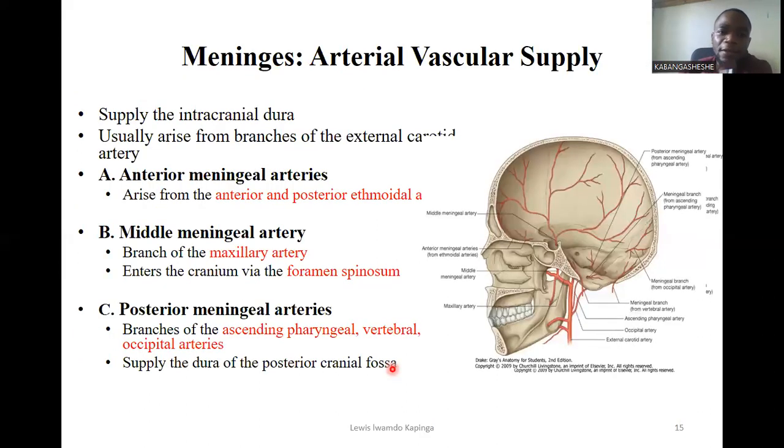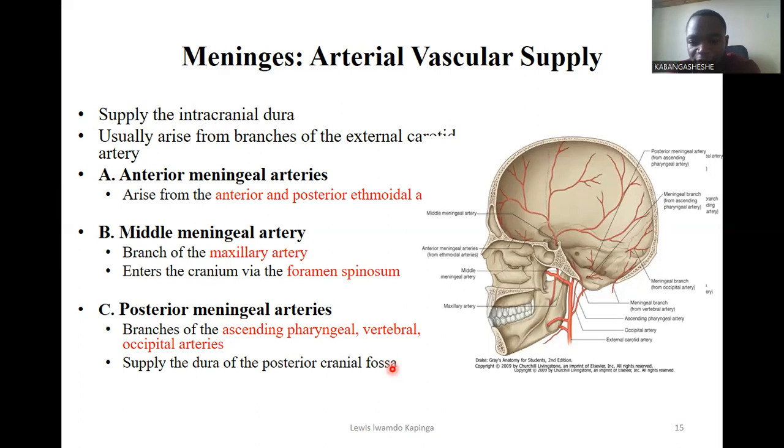All right. Then finally, we can look at blood supply to the meninges. There are 3 main arteries supplying the meninges, and all of them come from the external carotid artery. When we were discussing our circulatory system, I mentioned that the internal carotid artery is the main artery of the brain tissue. So the brain does not benefit from the external carotid.